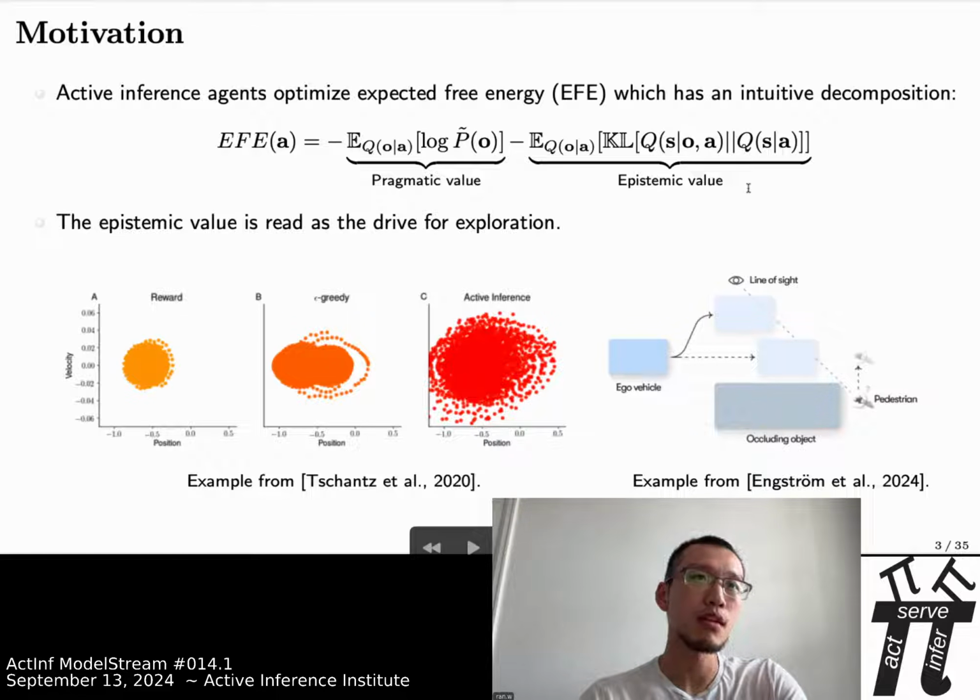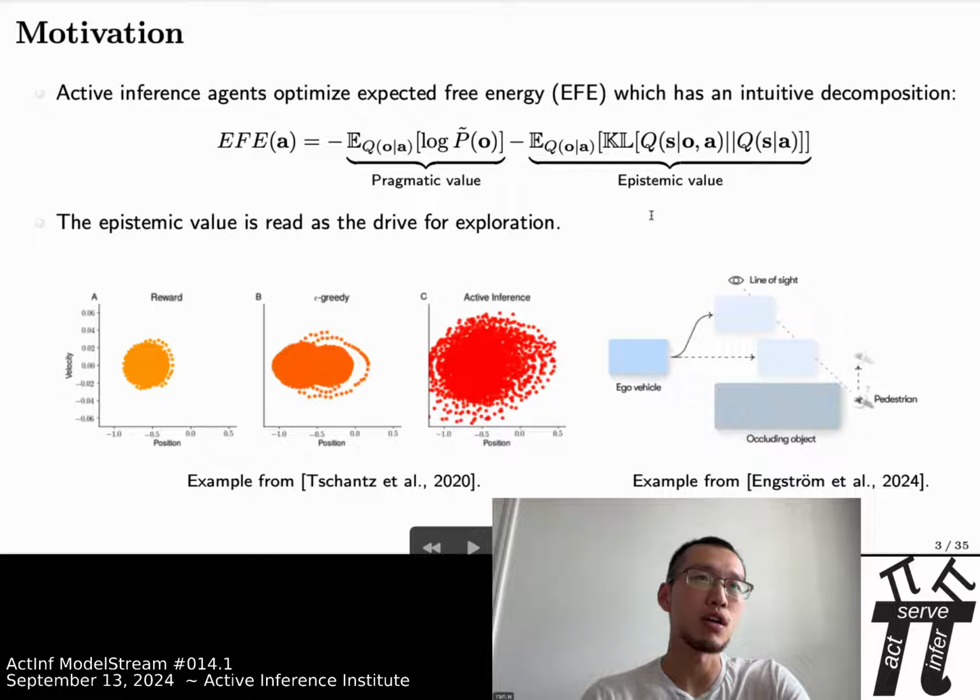The second term, epistemic value, is what makes EFE very interesting. It is defined as the expected KL divergence between the future posterior, the belief about future states given future observations, and the predicted distribution of future states.